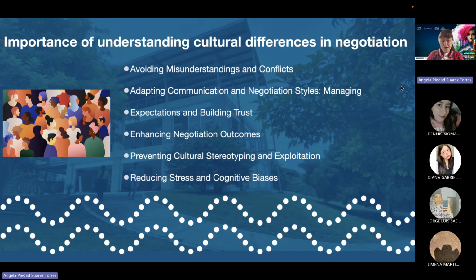So the knowledge that we have about culture and the capability to deal with the process of communication, to express our message in a good way, is very important to get good results from the process we're dealing with. So this is how important cultural differences are in international negotiations when we talk about business.